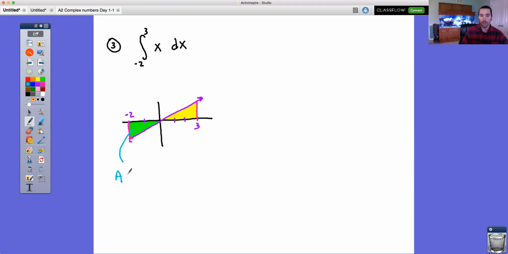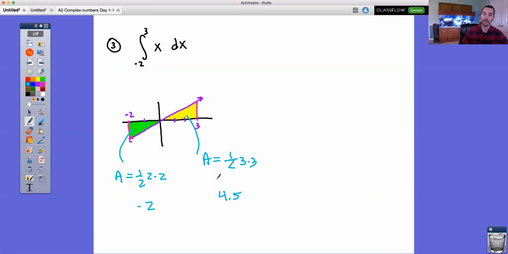The area of the triangle on the left in green, 1/2 base times height. 2 times 2, 4, half 2. It's below the x-axis, so it's negative. The area of the triangle on the right, 1/2 base times height, 4.5.